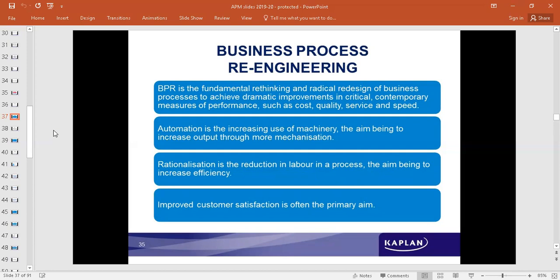BPR. In an organization, improvements are generally taken up on an incremental basis. As there is a change happening, the way the work is carried on also changes. So incremental changes are taken up from time to time because maybe they're growing in size or the customer base is increasing. Sometimes those changes are not sufficient.